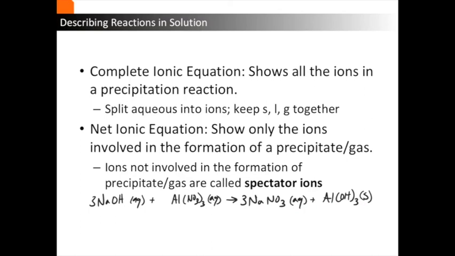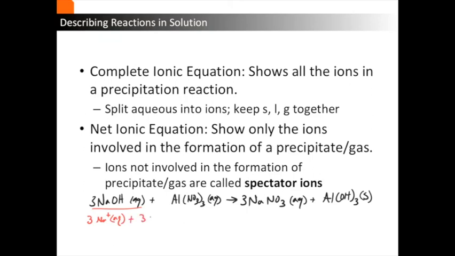Now let's translate that into the full ionic equation, and I'm going to do that in real time. These are aqueous, so I need to split them up into their ions, because it says up here to split aqueous into their ions for the complete ionic reaction. So we have 3 sodium ions, because the coefficient in front of the sodium hydroxide is 3, so that carries through to the whole molecule.